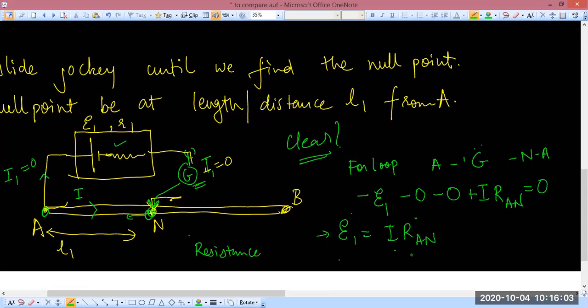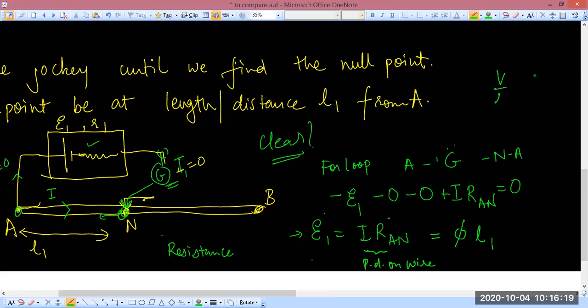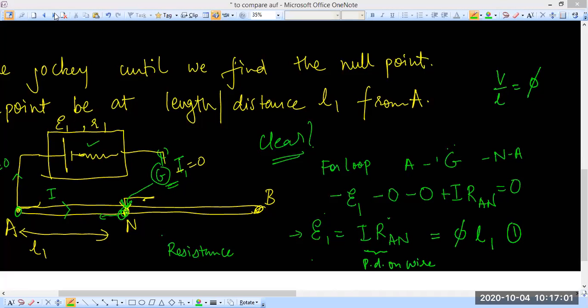So this is actually potential difference on wire, correct? So I hope you realize that we can also write it like this. V upon L is equal to phi. It was like this, right? I hope it is clear to all of you. How many of you understood this? Okay, this way it will be easy for you, and I think the book does it something like this. It is not done with current, it makes no difference, the same steps, everything is the same, only the method of writing.